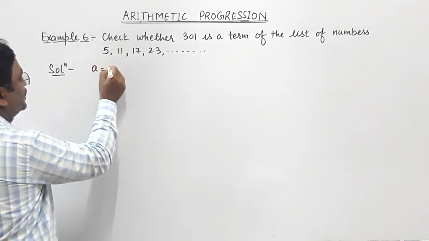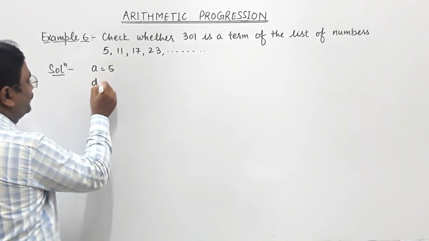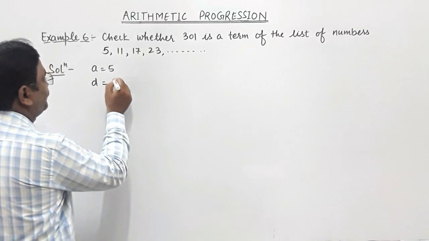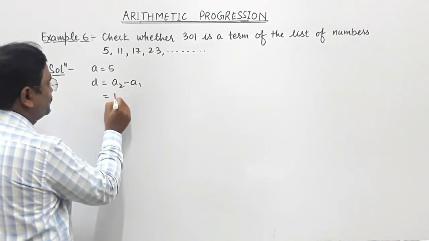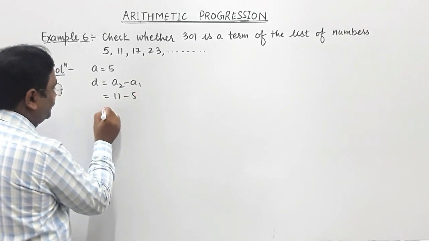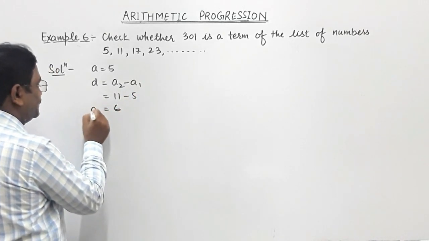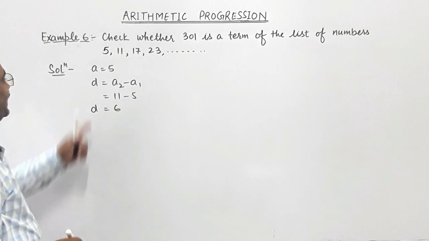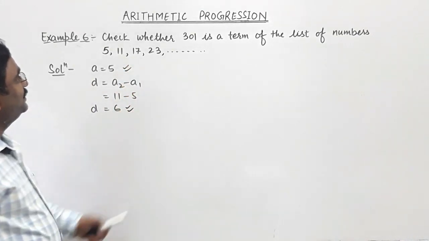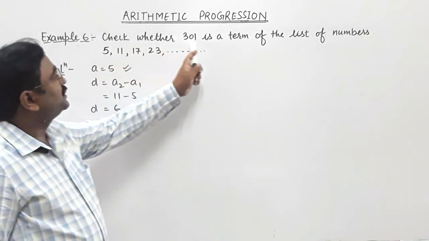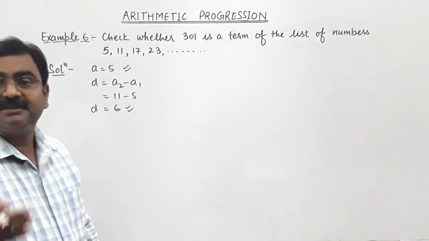First term is a, and the common difference d is equal to second term minus first term, that is 11 minus 5, which is 6. So the value of d is 6 and the first term is 5. We have to check whether 301 is a term of this series or not.